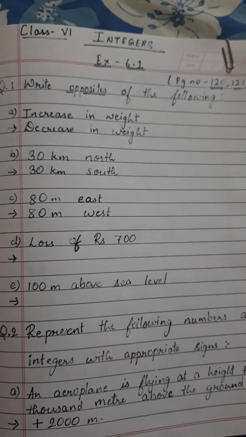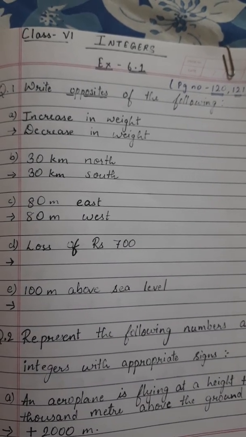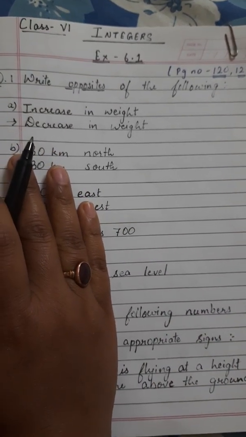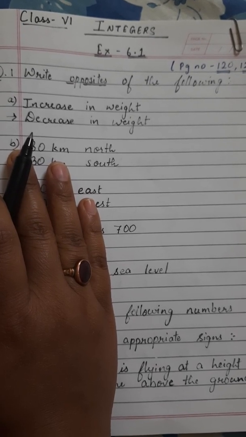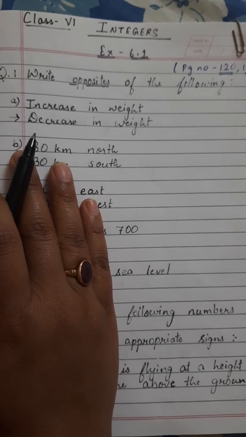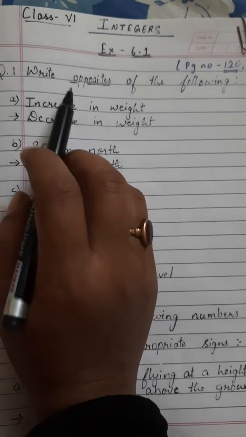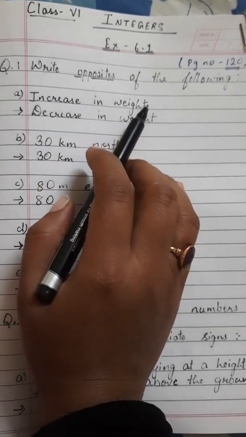In English you are all learning about opposite words, right? So here also you have to use opposite words only. You have to find the main word in the given sentence, and for that main word you have to use the opposite word.